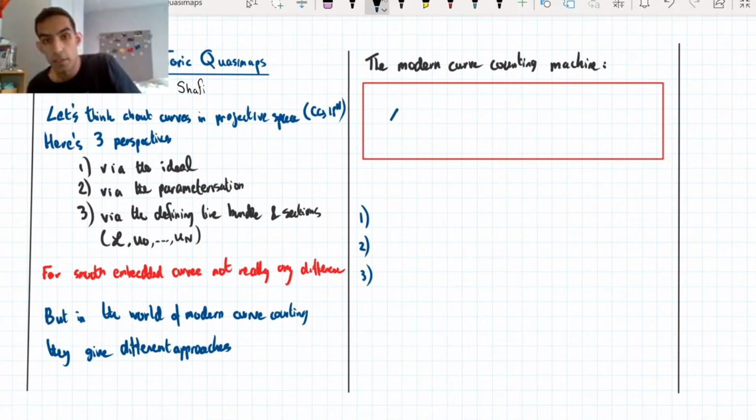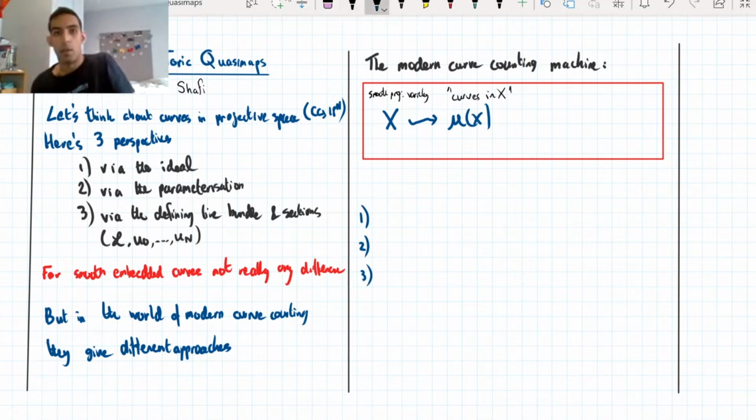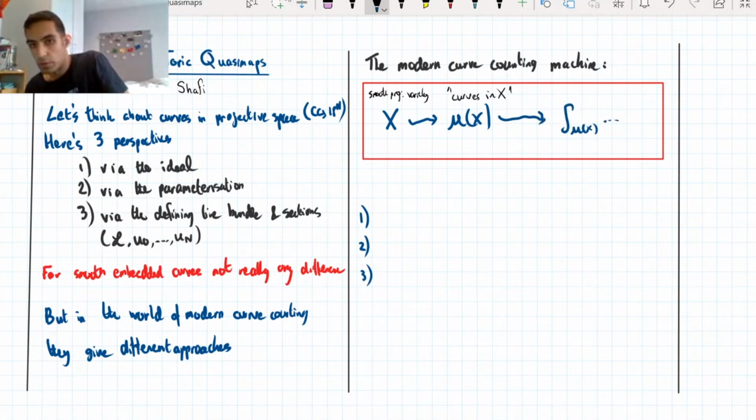You start off with some smooth projective variety X, and I associate to it some space M of X, which is a space of curves in X. Some moduli space, and then I take this moduli space and do some integrals over it.